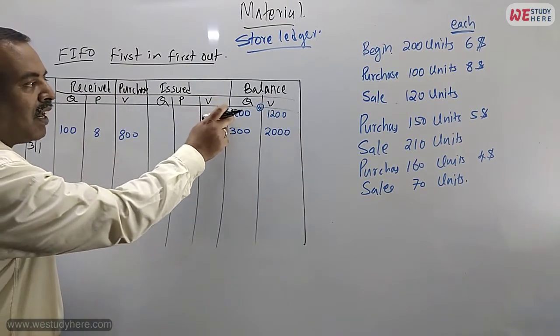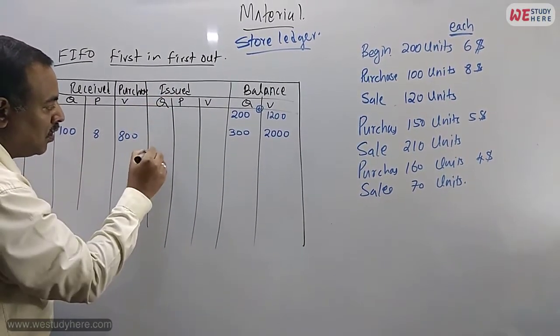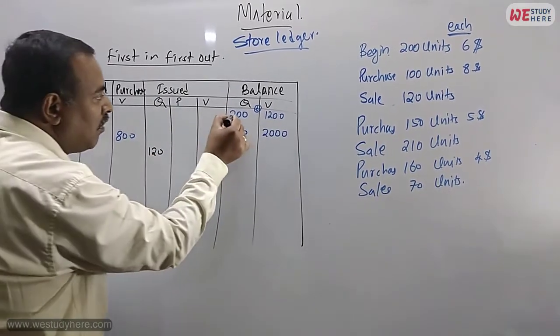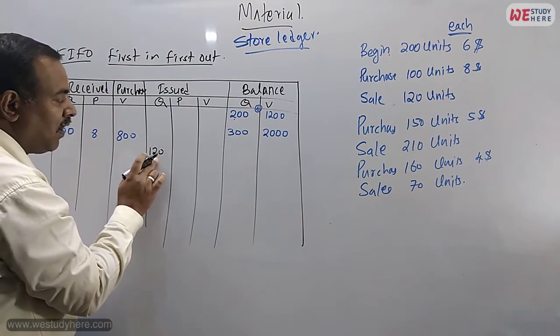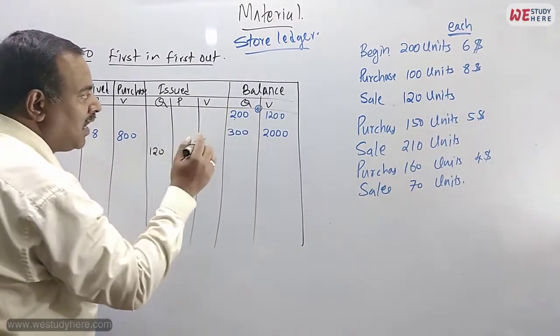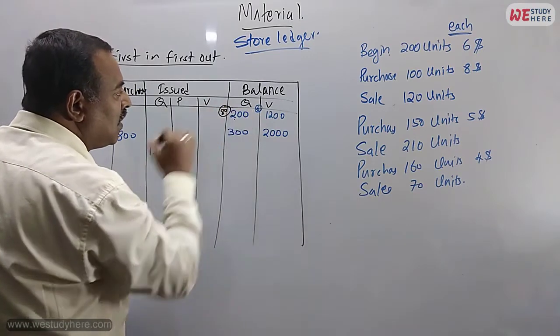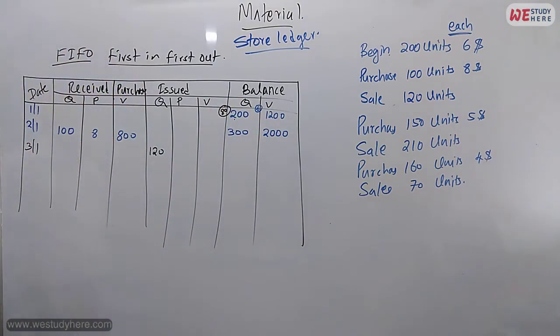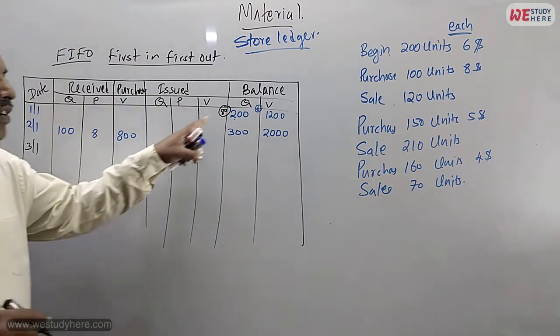We can give 120 units from here. Out of 200, we have issued 120, so 80 units are remaining. You just mark it here, 80.